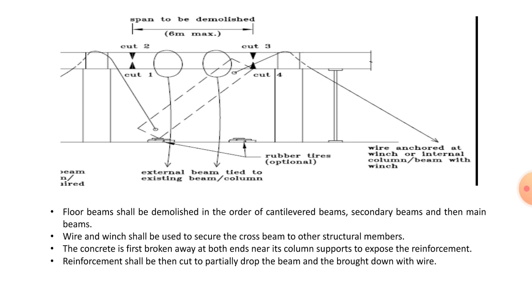So you can also see rubber tires that are optional, but practically we need this for sure, because the beam will be damaged when it falls from a certain height, and the anchorage will make this beam fall smoothly. That's why you can see a wire anchorage at the right hand side.